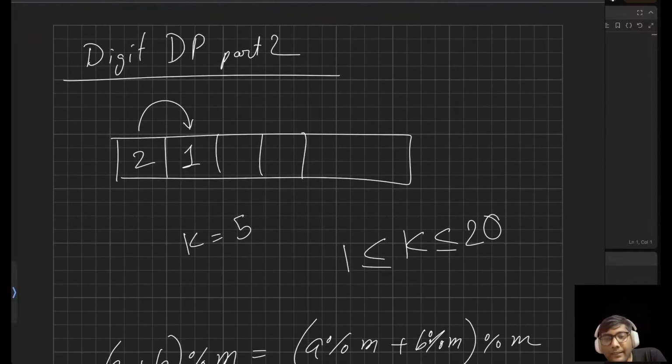Given the value of k, we will keep track of the modulo. Initially the number is 0, we have not formed anything, and we put in a digit, and we calculate that digit modulo 5. Let's say k is 5 and I came with a 0.